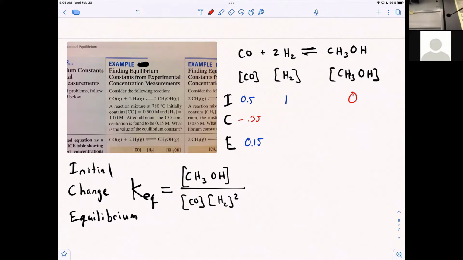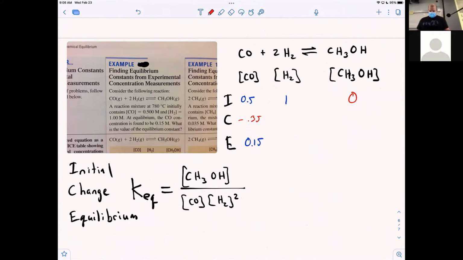So initially, we start off with 0.5, and we end up with 0.15 at the end. That means the change is negative 0.35. The carbon monoxide is losing 0.35 molar.